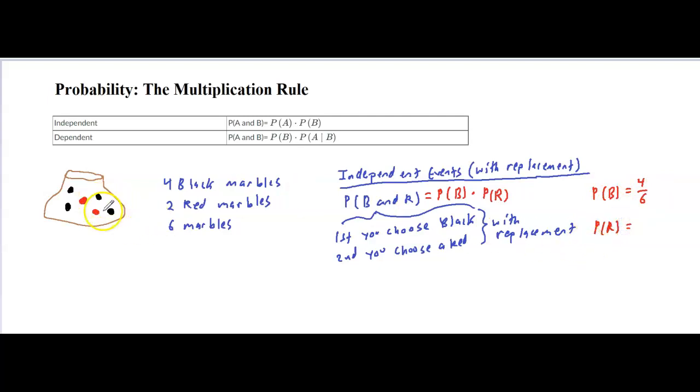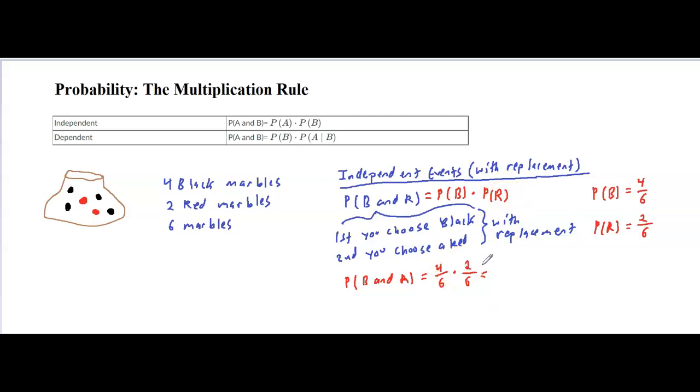There are 2 red marbles out of 6 total marbles. Now I just have to plug it back into my formula. The probability of getting a black and then a red is the probability of getting a black, which was 4 out of 6, times the probability of getting a red, which is 2 out of 6.